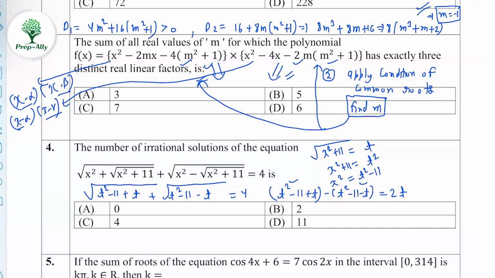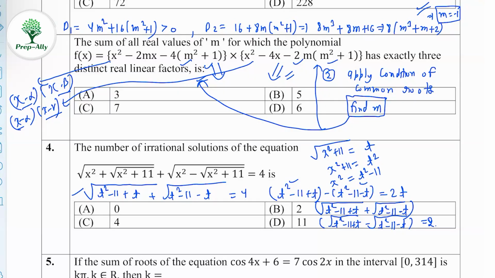So when you apply a square minus b square, what will you get? We will get root of t square minus 11 plus t plus root of t square minus 11 minus t, into root of t square minus 11 plus t minus root of t square minus 11 minus t, is equal to 4 into... I know root of t square minus 11 plus t, into t square minus 11 minus t, that is 4.